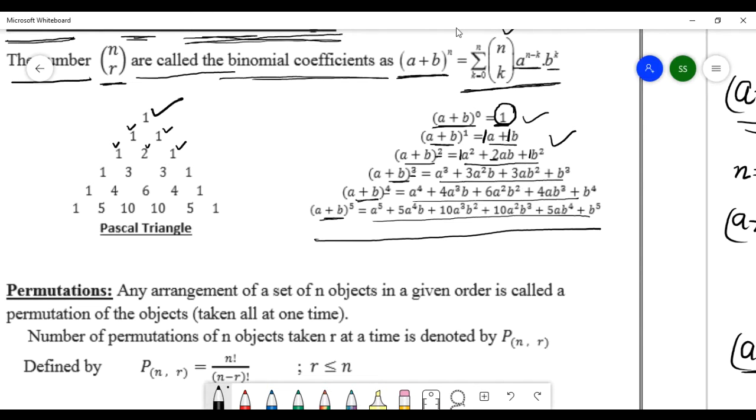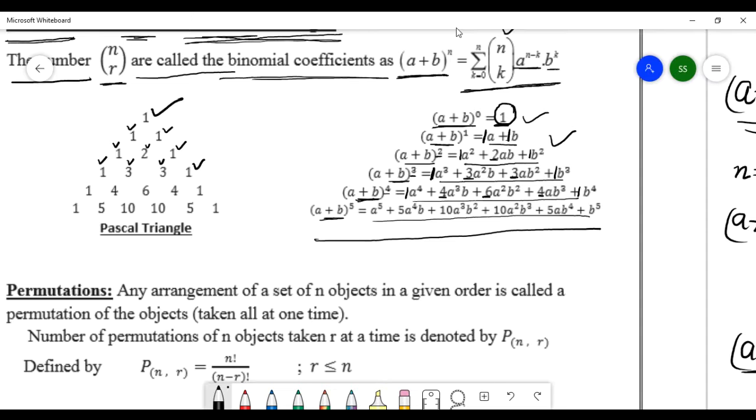Okay. Now come to this a plus b power 3. Here the coefficient is 1, and here 3. Here 3, and here 1. 1 3 3 1. So here write this way 1 3 3 1. And come over here a plus b power 4, here 1, here 4, here 6, this 4, and this 1.